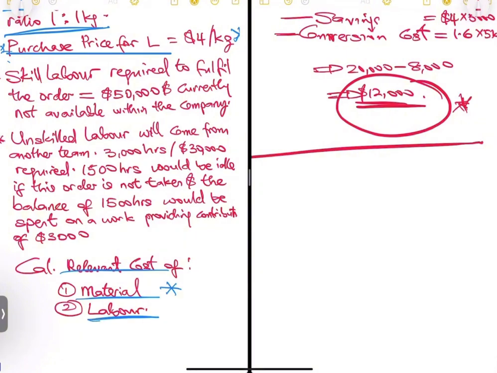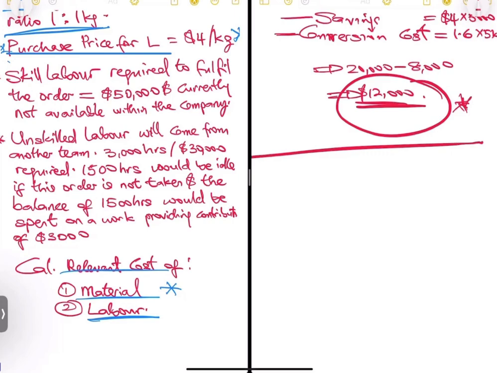Now let's look at the labor part. We've not done any on labor before, but like I said, the principle is just the same as the material. That's why I need to spend time to make sure that you have that understanding, because once you have the understanding, you will run with it. You will be fine, right? So let's read through.